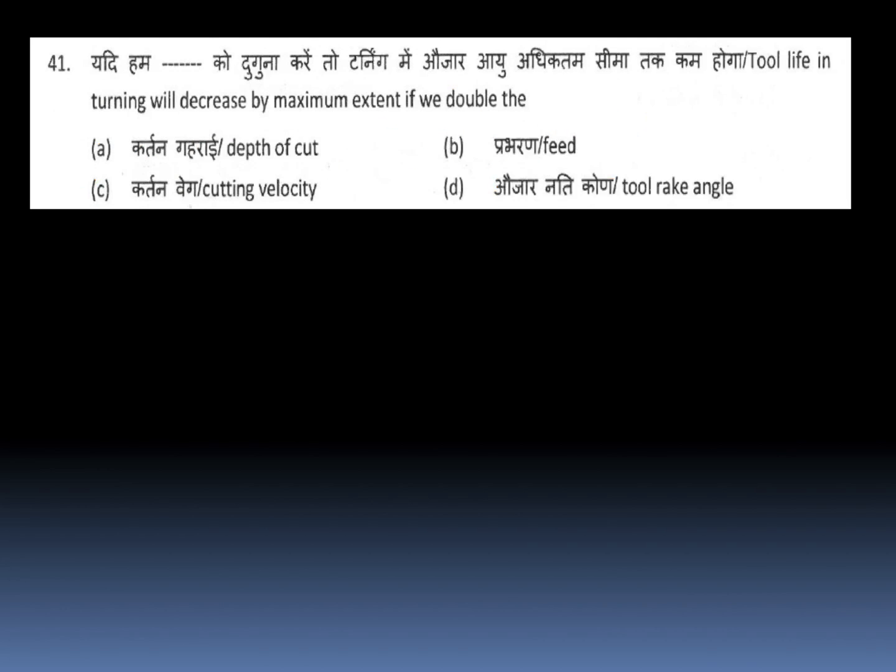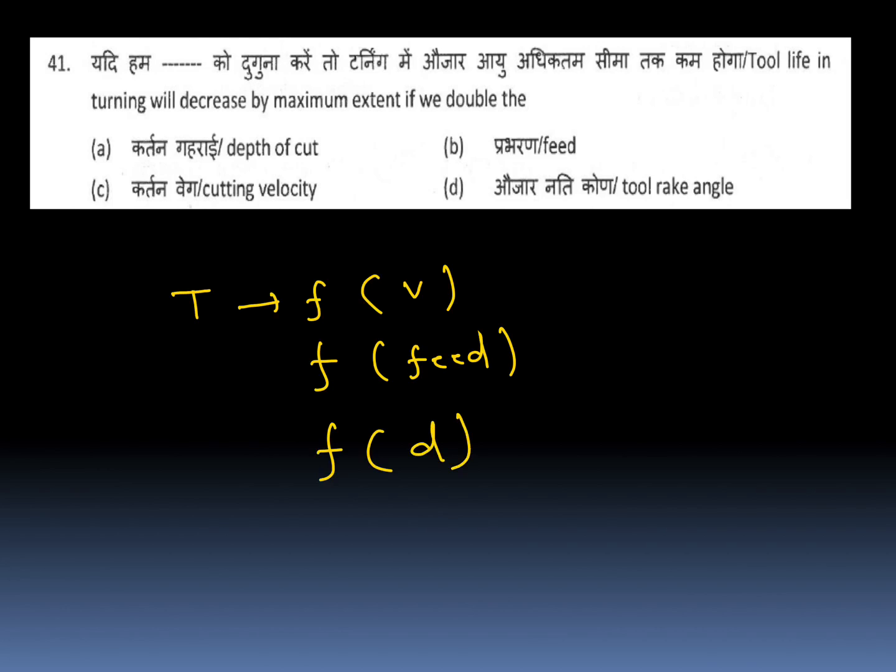Question is, tool life in turning will decrease by maximum extent if we double which one? Tool life is a function of speed, then function of feed, then depth of cut, D. It depends maximum on speed, then feed, then depth of cut.